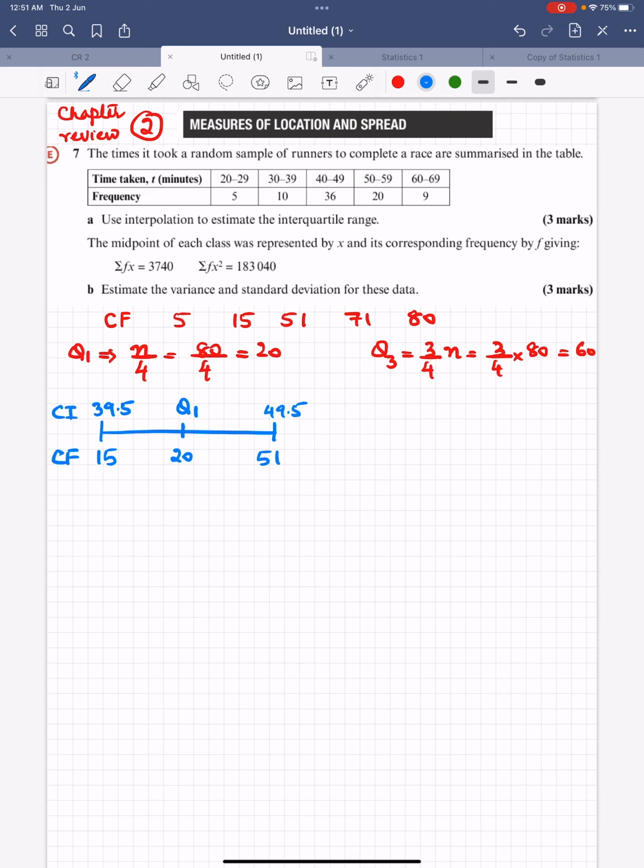Likewise for Q3, we have to find the value corresponding to the 60th frequency. So the 60th frequency will be in the fourth class interval. So we check the endpoints of the fourth class interval. Since it's continuous data, it's going to be 49.5 and 59.5.